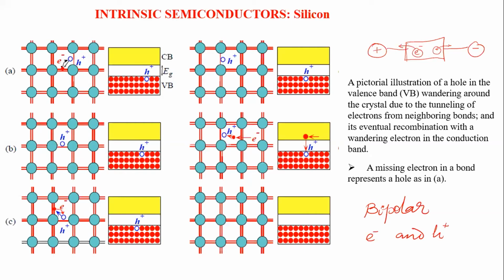So a hole which is here will be occupied by an electron, and a hole will be created in the neighboring site. This process is actually the electron moving, not the hole.